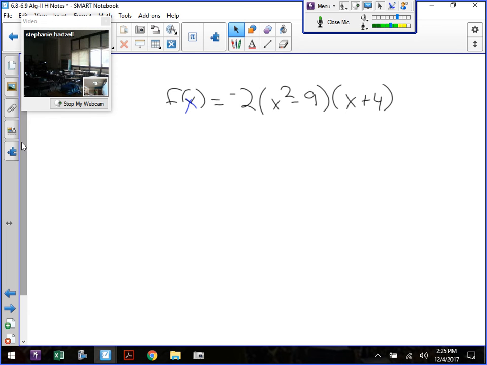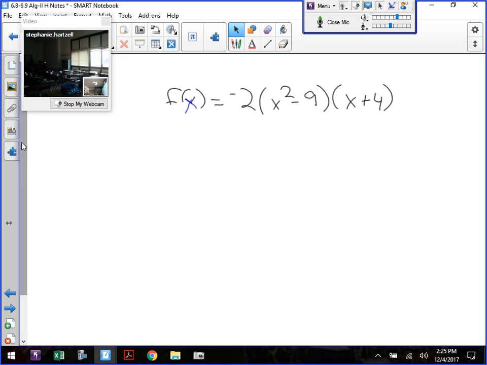In this example, what's going to be your degree when you get done? Third degree. And what's going to be your leading term? Negative. How are you dancing? Up, down, because it's odd. We were down, up when we were odd earlier, which means we're up, down now.